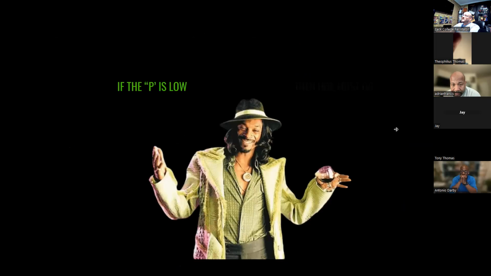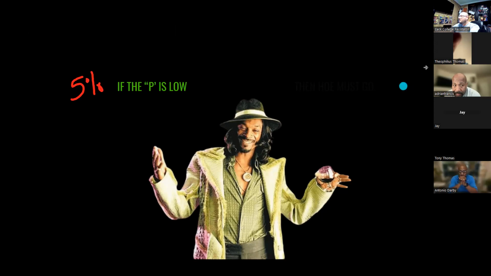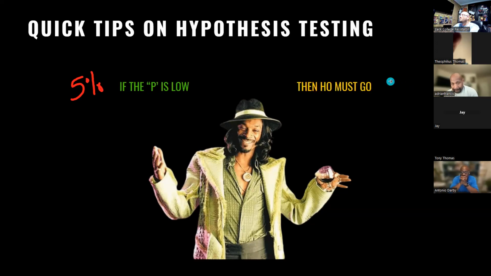So as you look at it, if the p-value is lower than essentially 5%, the H0 must go, right? The H0 being the null hypothesis or the alternative hypothesis? What do you guys think?